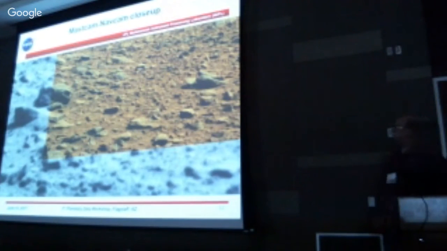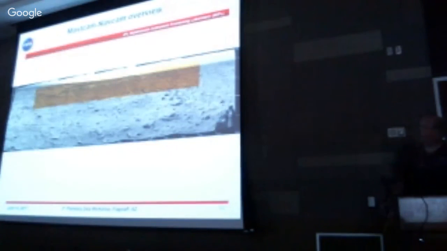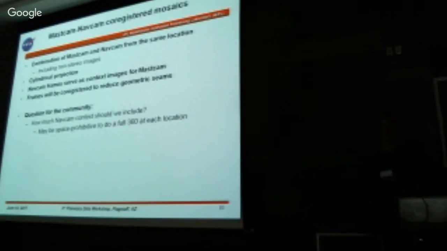And so you can see this is global on the edges. You get full-res MASTCAM, and at the same resolution the NAVCAM, of course, is over-resolved, so it's blurry, but it serves as context. It's a cylindrical projection, and a question for the community is how much NAVCAM context do we want around these images?